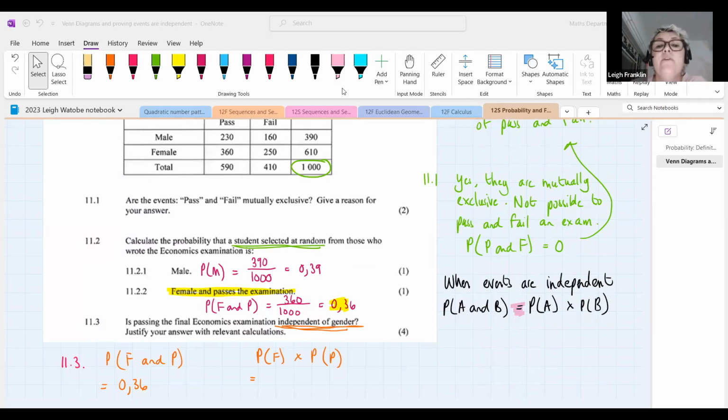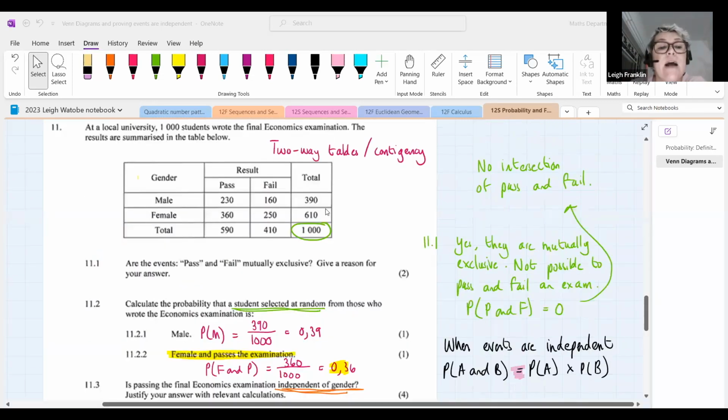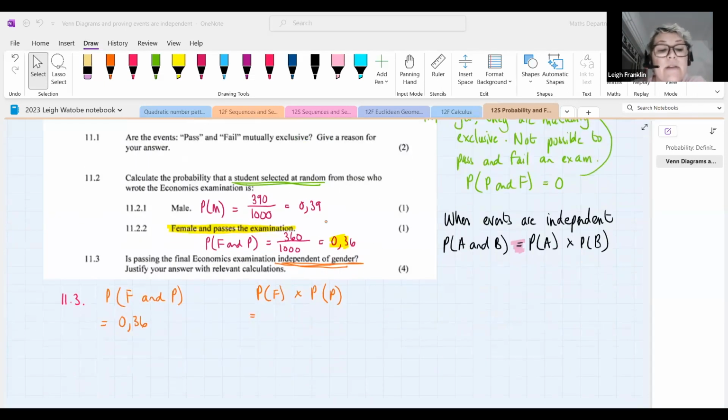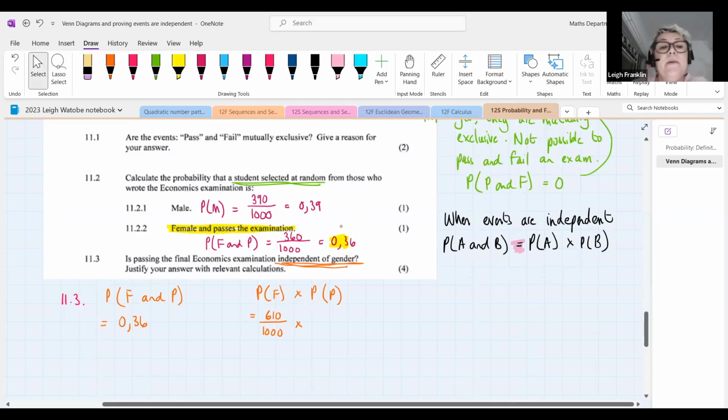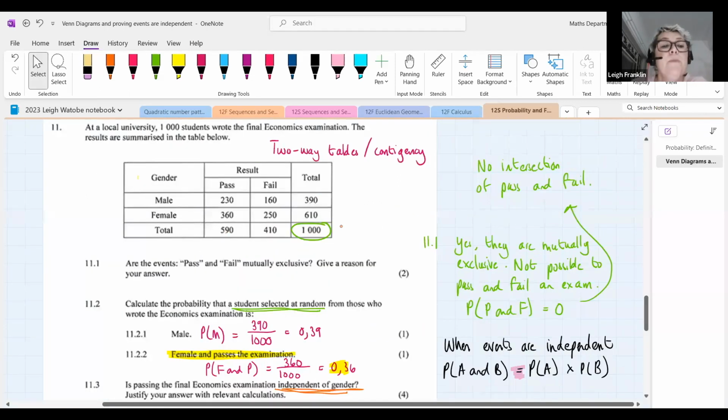Yes, quite right. So I moved it down. The probability of being a female is 610 out of 1,000. Yes, lovely. So we're going to put that in here: 610 out of 1,000 multiplied by the probability of passing. What is the probability of passing this economics exam?